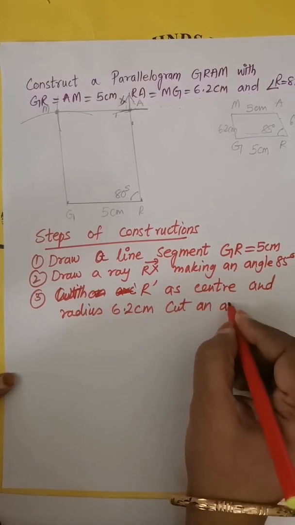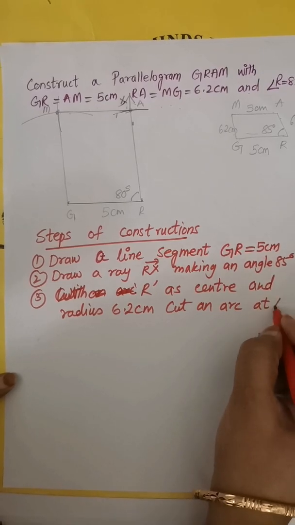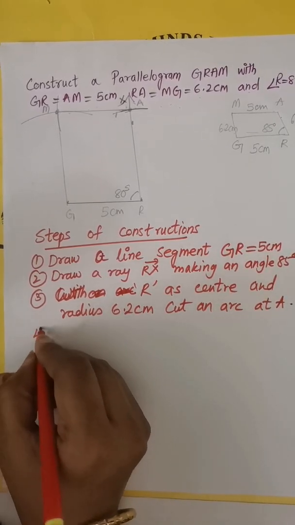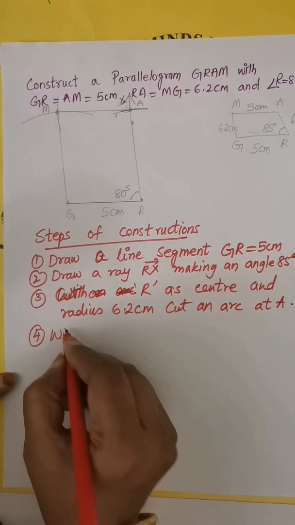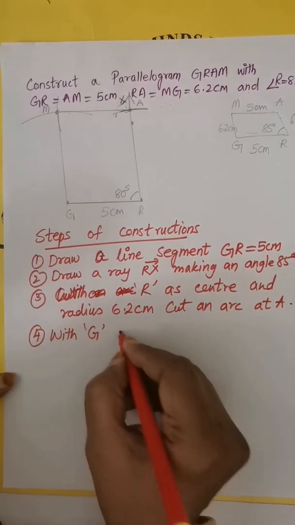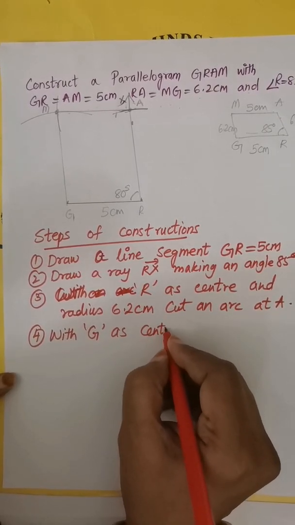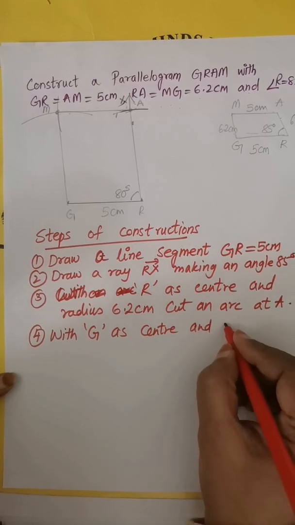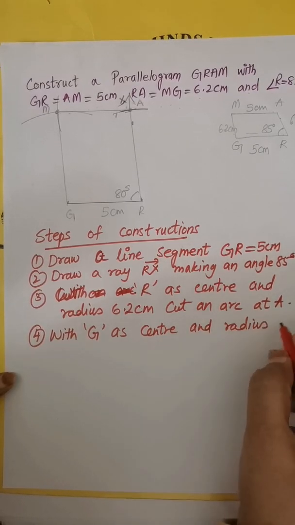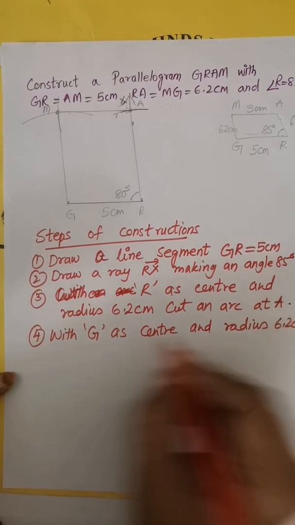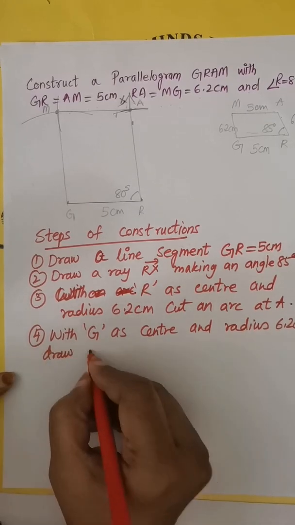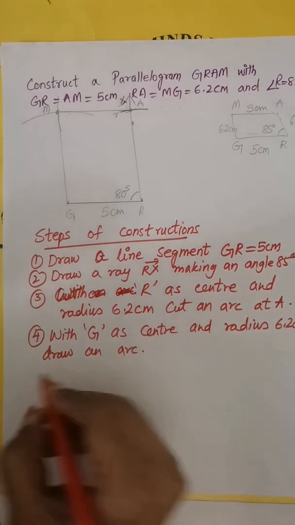Cut an arc at A. Now with G as center and radius 6.2 centimeter, draw an arc.